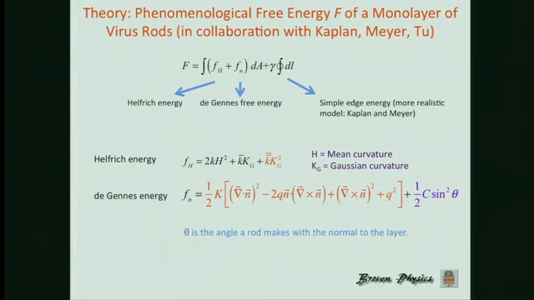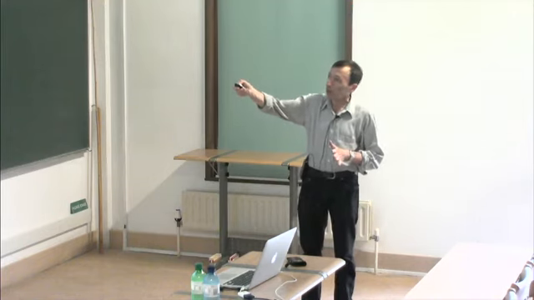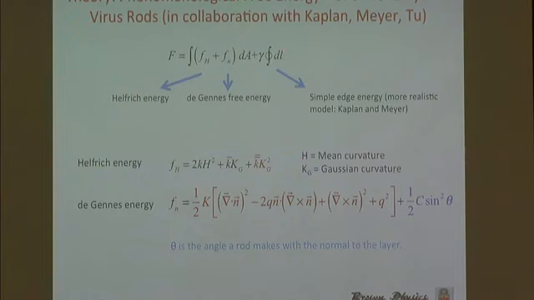And in terms of the edge energy, everything I'm going to show you is based on a very simple model: take the edge length of the structure and multiply that by some phenomenological coupling, and call that the edge energy. But I should point out that Nadir Kaplan and Bob Meyer have done a more realistic model of the edge, where they really consider the rounding over, the anisotropy and the surface tension. So they've taken a step beyond this very simple model.